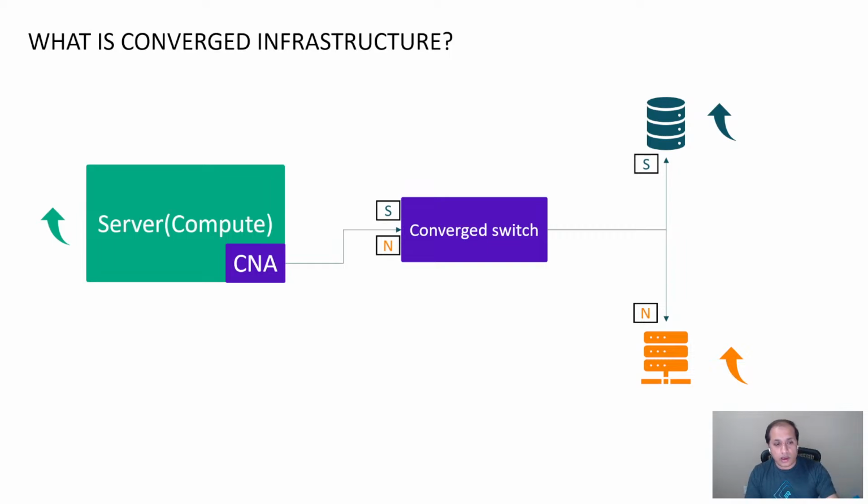So you have an opportunity to independently increase the capacity of either the compute, the storage, or the networking. If you want more servers, add more servers. If you want more storage, add more enclosures and more disks. If you want more networking, add more switches and connect to them. So the benefit of converged infrastructure is that you can independently scale each one of them.